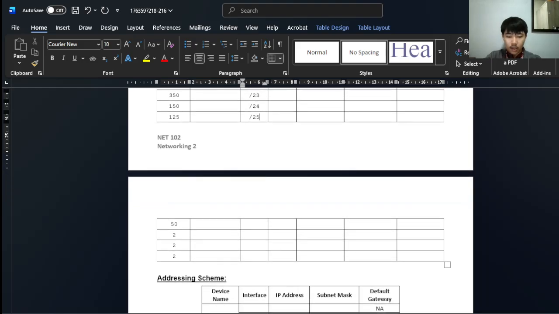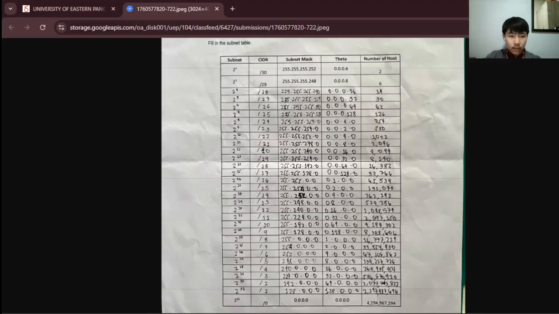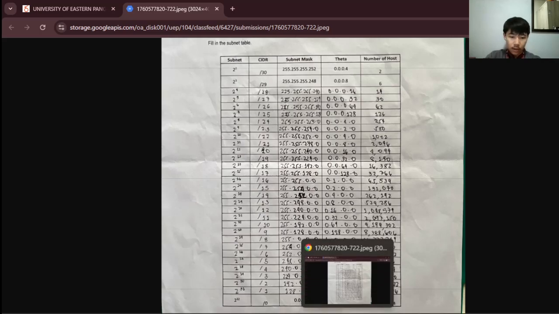The next one, 50 hosts, is under the range of 62, and it has a CIDR of 26.